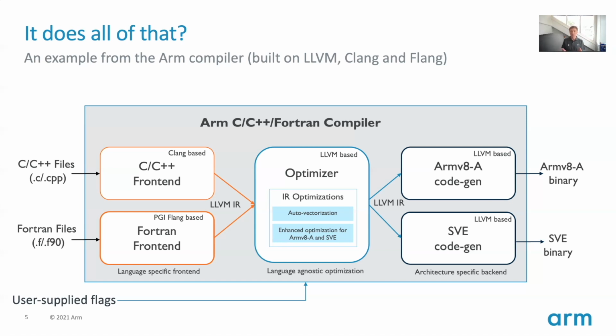Then once it's got it into that form, it stays there for ages and just progressively gets better and more optimal and more target specific. And then eventually you get to the point where you're generating a set of instructions for the machine that you want to run on. But let's pause for a moment on what you do in that middle section.